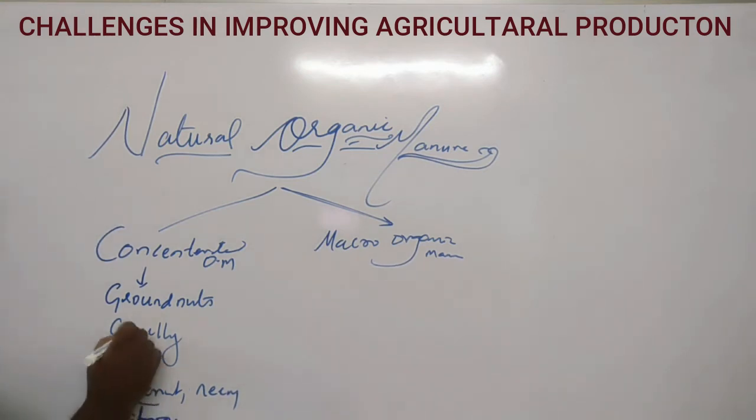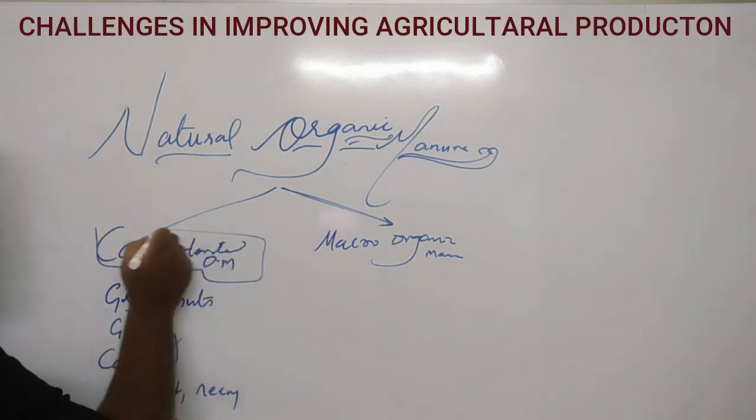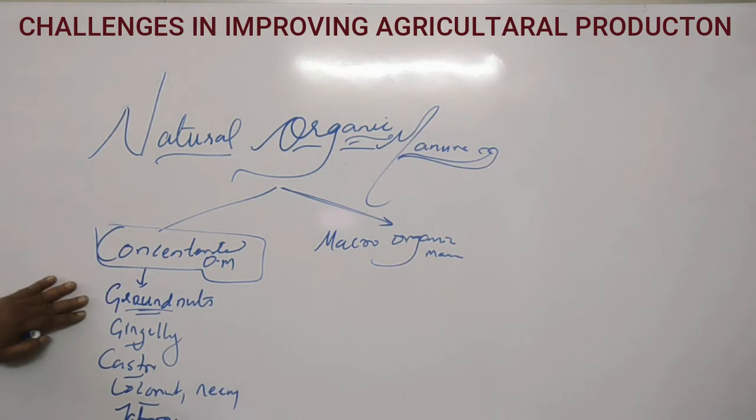From all these things, whatever manure you prepare will be called the concentrated organic manure. So all these are examples of the concentrated organic manure, right?